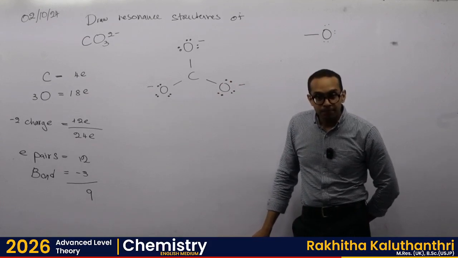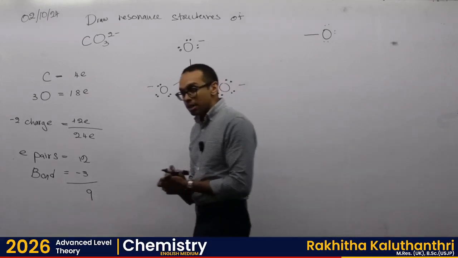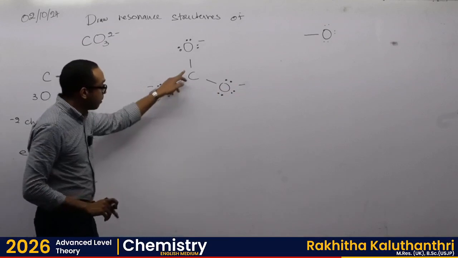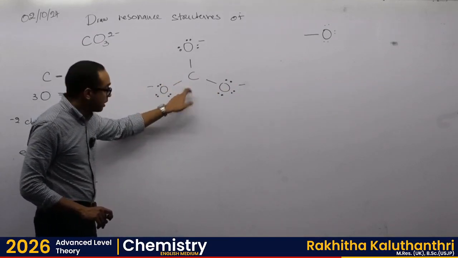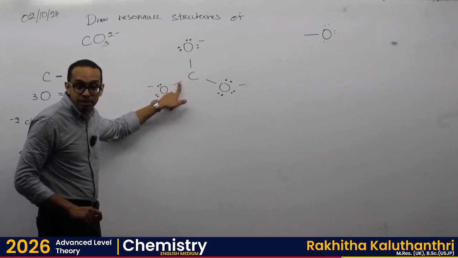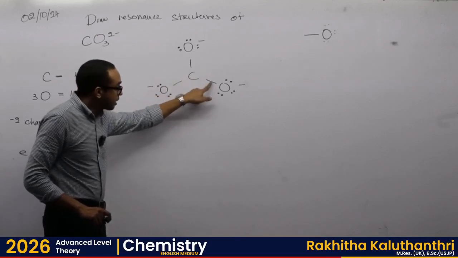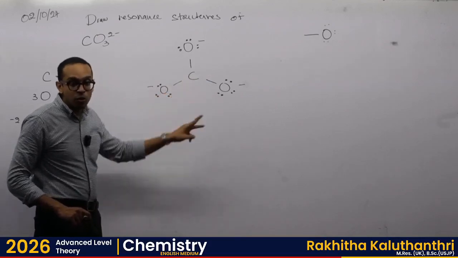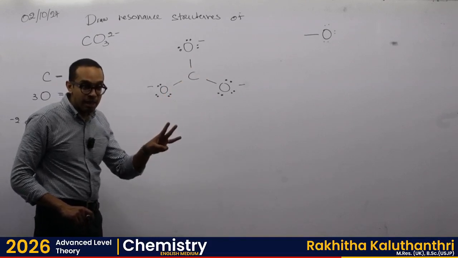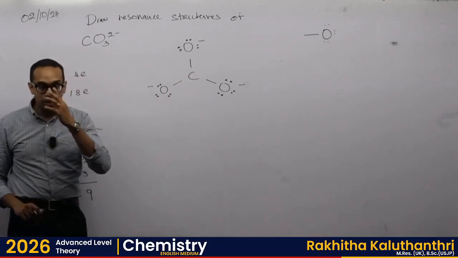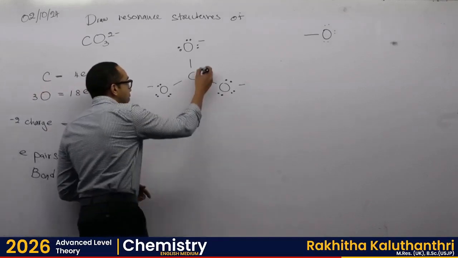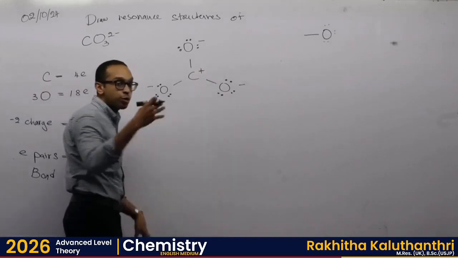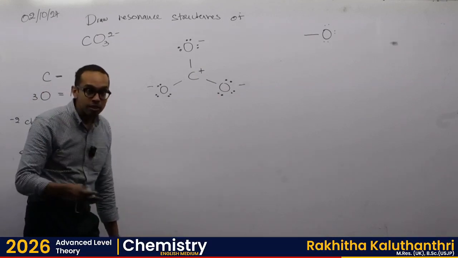Is that clear? Now students, carbon has how many? 1, 2, 3 bonds. Each of these bonds contains 1 valence electron of carbon. So how many valence electrons of carbon can be seen here? Only 3. How many valence electrons are there for carbon? 4. 1 missing here. So therefore, we have a positive charge on carbon because the electron is lost.